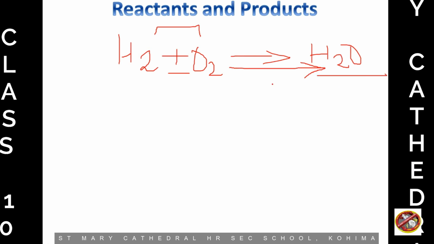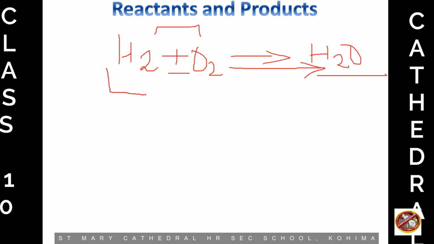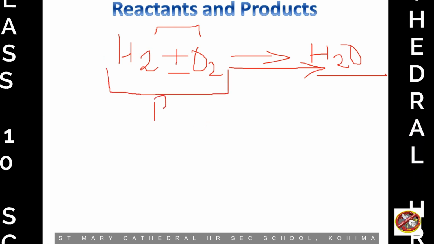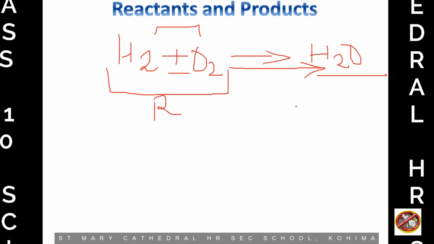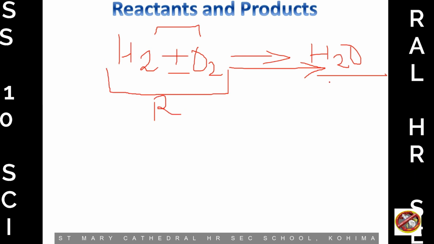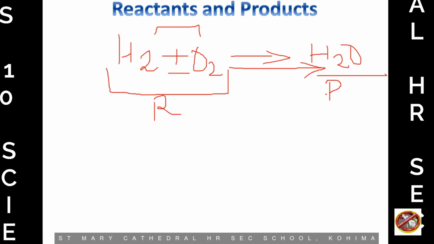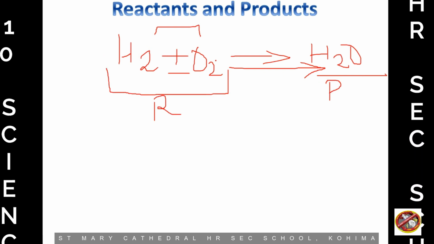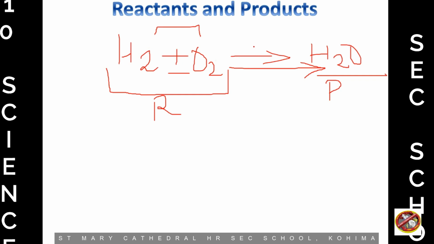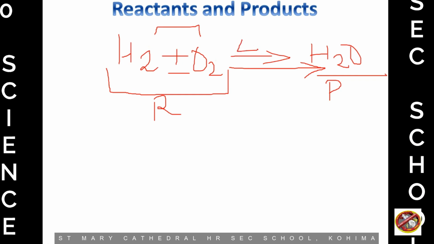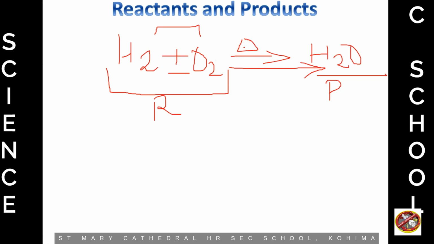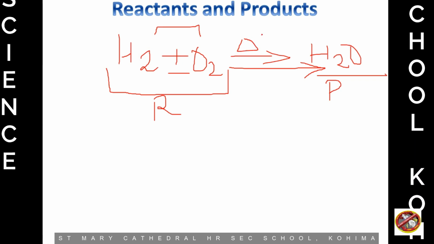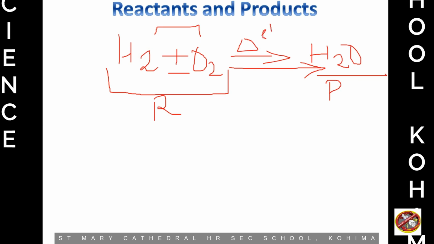Now the chemicals which undergo reactions will be called your reactants, and the result which you have got will be called your product. Reactant, product. Now I have told you again, if they are going under heat, you will write heat, or you can use delta directly, or whatever you are using in the reaction, you have to mention it. Electricity.